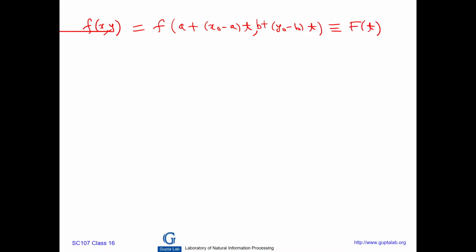Now a, x naught, b, y naught, all these are constants, so the whole thing is a function of t only. So f of (x, y) is some function of t. The two variable function is now a function of a single variable t by these transformations.